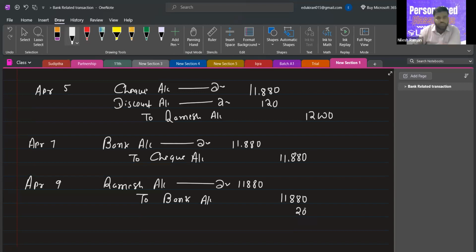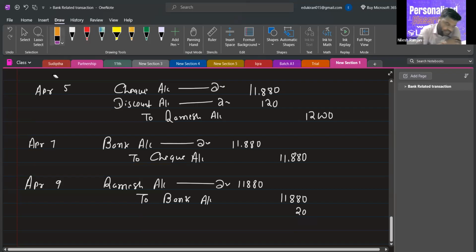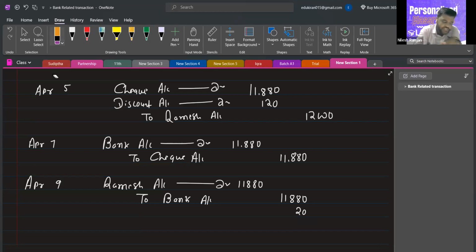Actually, you can see the April 5th transaction. Received a check from Ramesh to whom goods were sold for 12,000 last year. So we sold goods for 12,000, and we have given him 1% discount also.